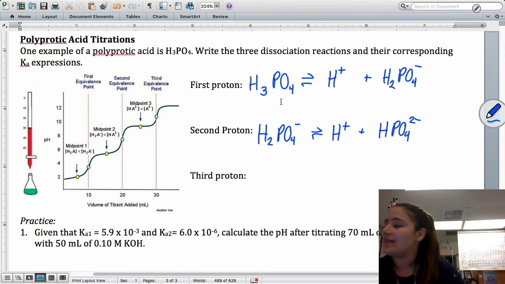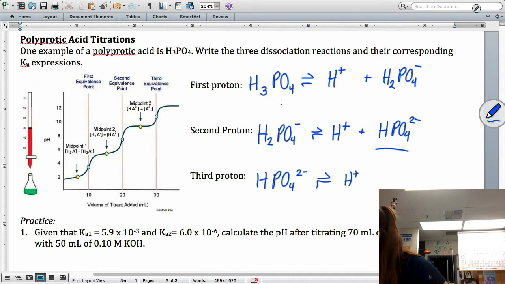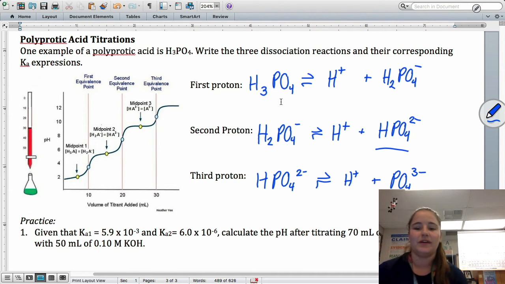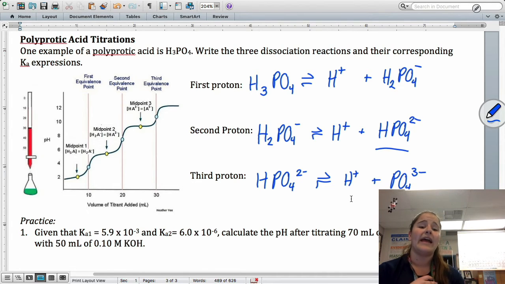And then that one is going to lose a proton, and that's when you get left with that polyatomic ion phosphate that we all know and love. But there's 3 steps to that titration, which can make things a little bit complicated, especially when doing calculations.